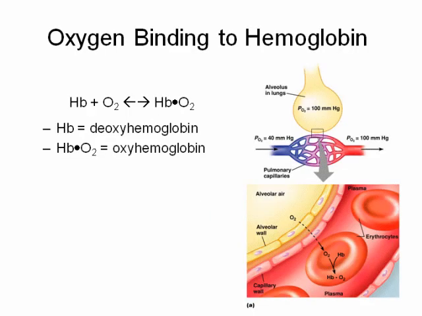So let's look at how oxygen binds to hemoglobin. Hemoglobin can bind to oxygen to produce what's called oxyhemoglobin. Hemoglobin that is not bound is called deoxyhemoglobin. So as blood is coming in, in this case you have a low partial pressure of oxygen in the blood coming into the pulmonary capillaries, encountering a high partial pressure of oxygen in the alveolar space, and we have equilibration.